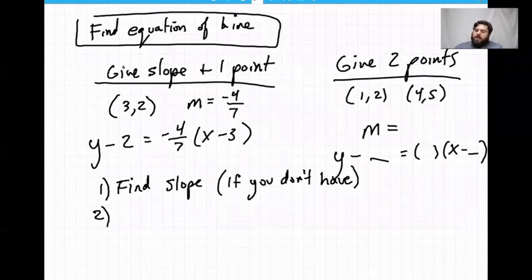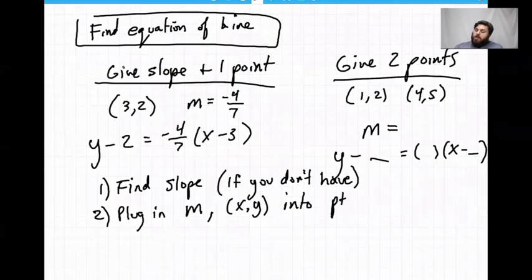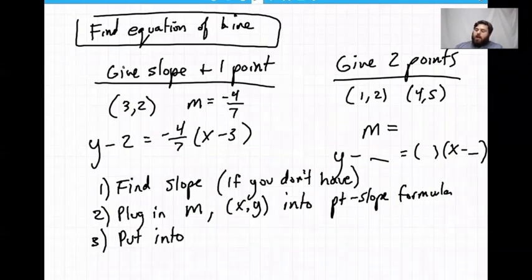Okay, the second thing is you're going to plug in the slope and one of your points into the point slope formula. Okay, that's the y minus y1 equals m times x minus x1. Third thing you're going to do is put it in the right form.